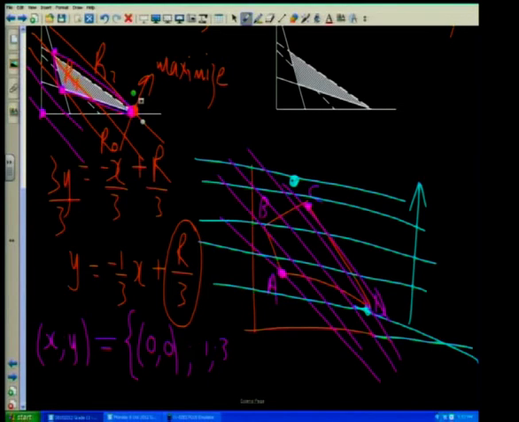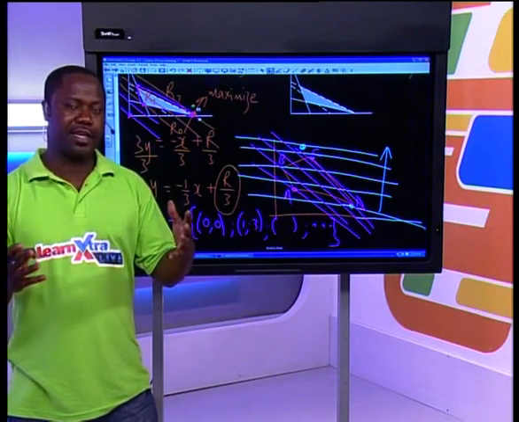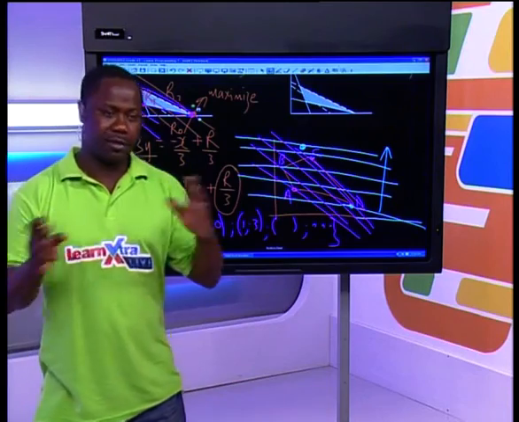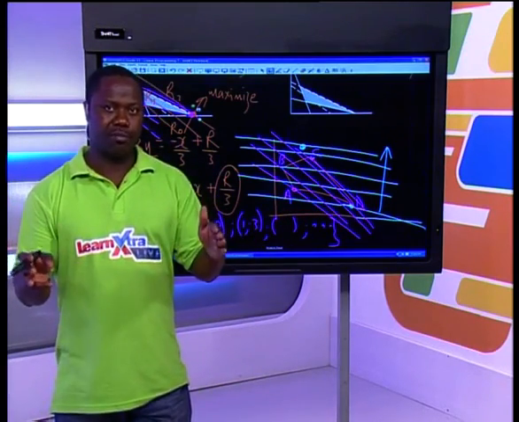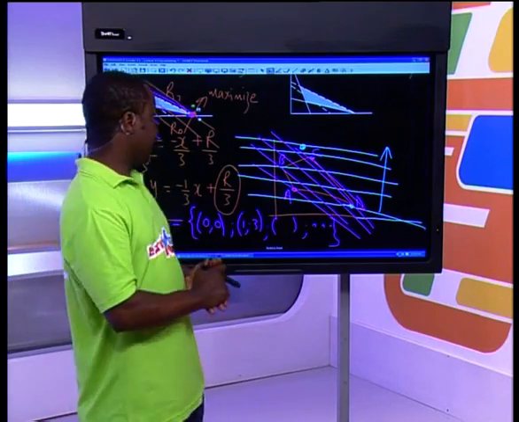You will see that there will be a set of coordinates that will satisfy the feasible region, and that is what you'll be testing as you go along. If it's outside the feasible region, that value is not going to work as the best combination in the end.